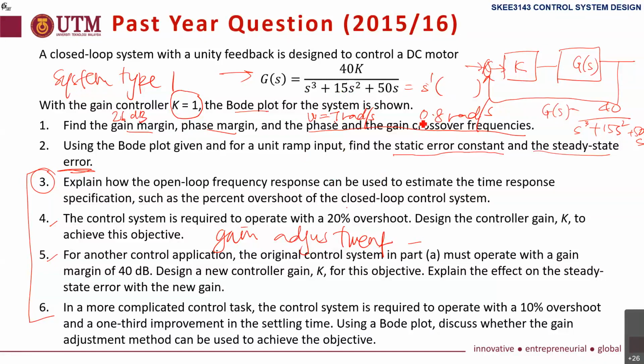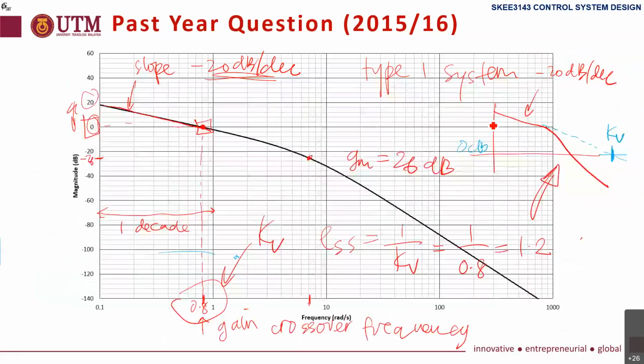A closed loop system is given with the transfer function. A Bode plot with k equal to 1 is also given. And we want to find gain margin, phase margin, phase and gain crossover frequencies. That we did last time.